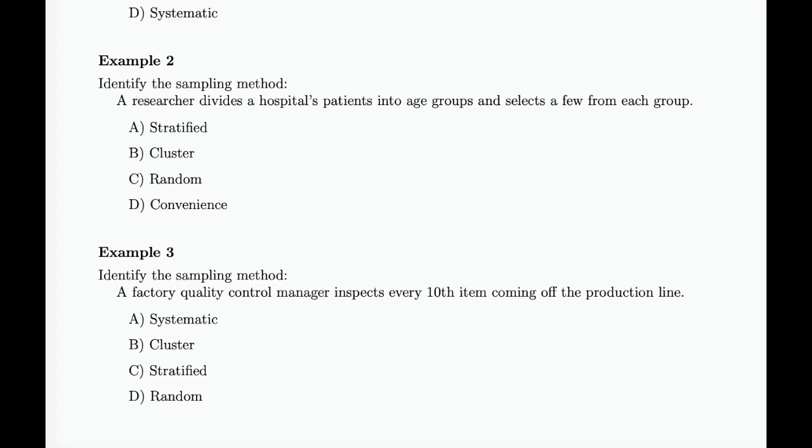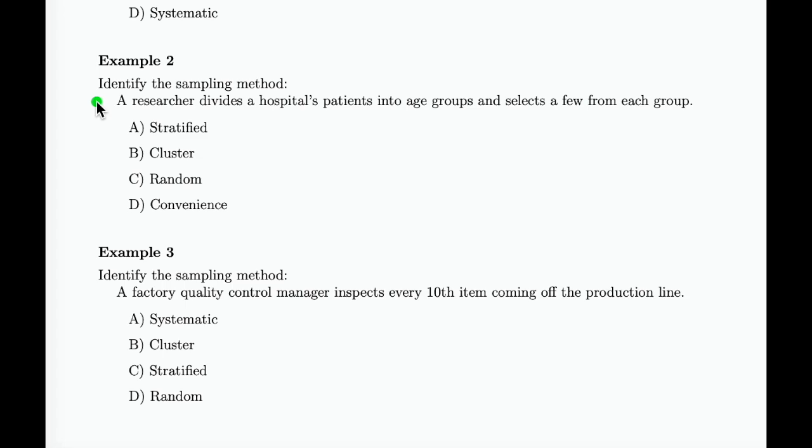All right, looking at example 2, we have a researcher divides a hospital's patients into age groups and then selects a few from each group. Whenever we take the population and split it into groups, immediately we should be thinking about either the cluster method or the stratified method. We narrow it down between the two based on, once it's broken into groups, how the samples were picked from there.